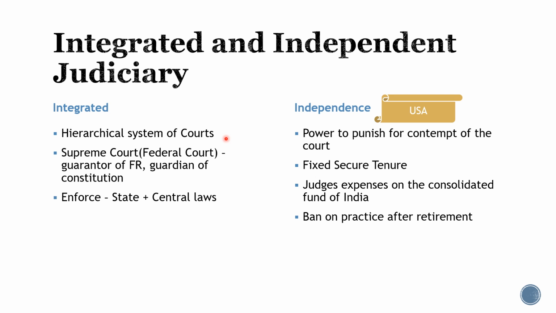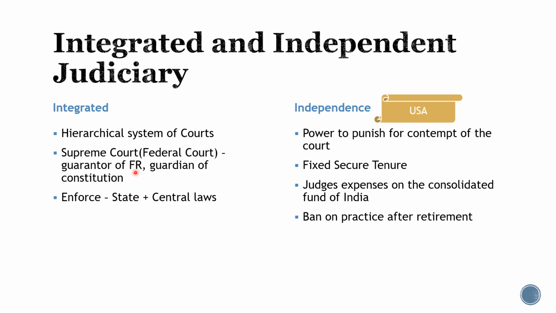You have your Supreme Court, which is also called the Federal Court, and under that you have the high courts of different states, and under that more courts, and that's how it works. We'll talk more about it when we talk about the judiciary, but know that there's a hierarchical system, and these are integrated courts. And also there's an appellate system where you appeal to a higher court to rectify a decision taken by a lower court, right?